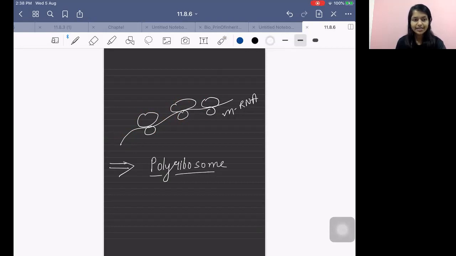Or if you want to make it even simpler, just say polysome. The entire process of translation we will be learning in class 12. For now, you should know that ribosomes help in the translation process by making the proteins. So that is all about ribosomes.